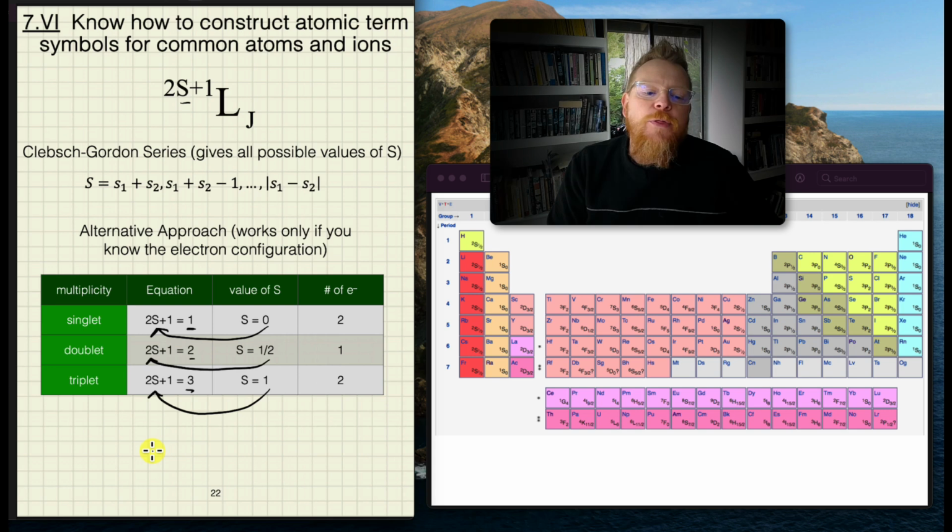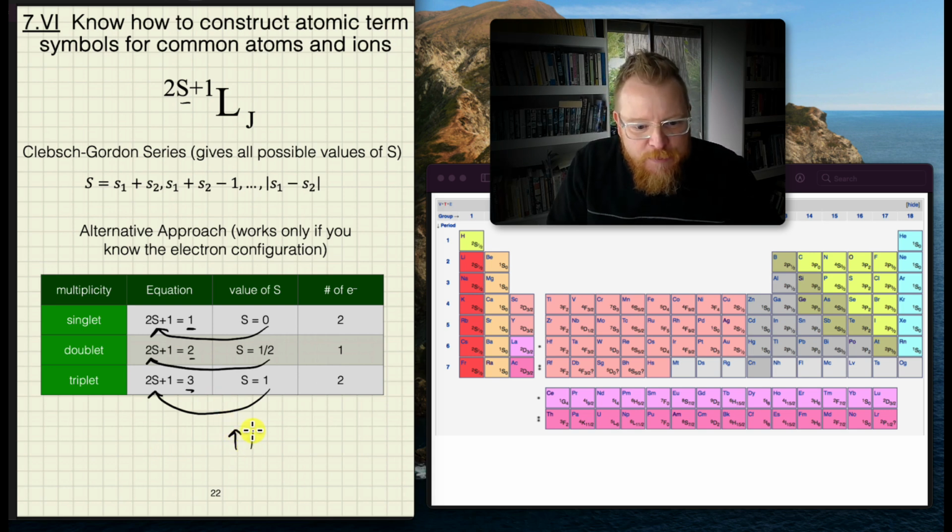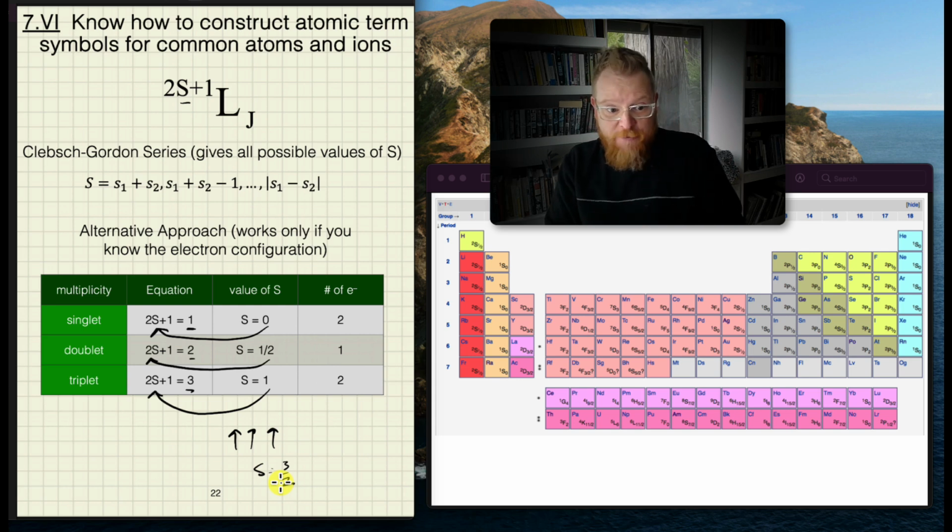What if it was a 3-electron system, all of them being spin up? Well, our big S would be 3/2, 1/2 plus 1/2 plus 1/2. And if I were to say 2 times 3/2 plus 1, so let's do that, 2 times 3/2 plus 1, that gives me 4.